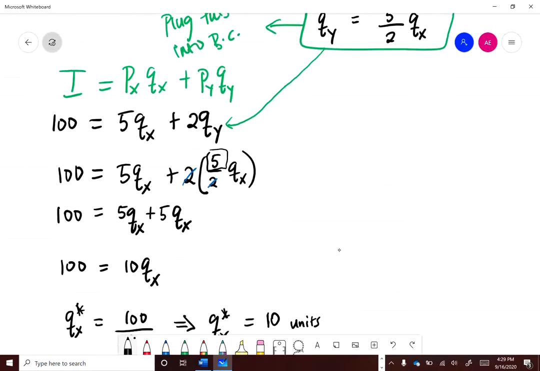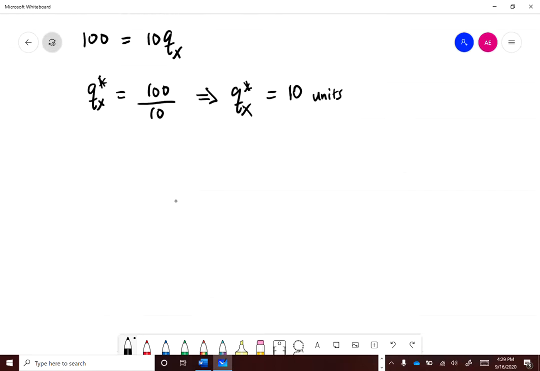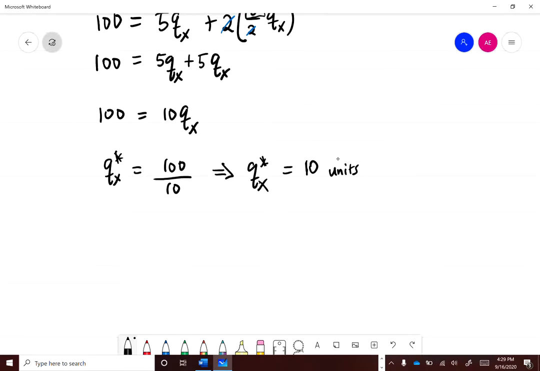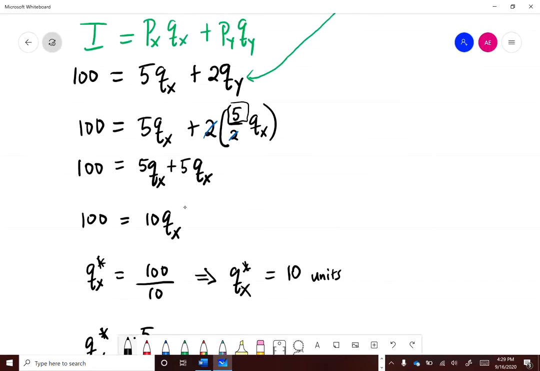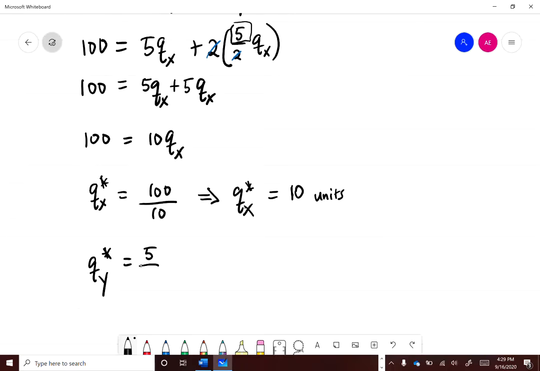Right. So given Rory's income and the prices of these goods, to optimize her utility, Rory is going to demand 10 units of good x. And once we have that, we can find this for good y. We know that Q of y is equal to 5 over 2 times Q of x.